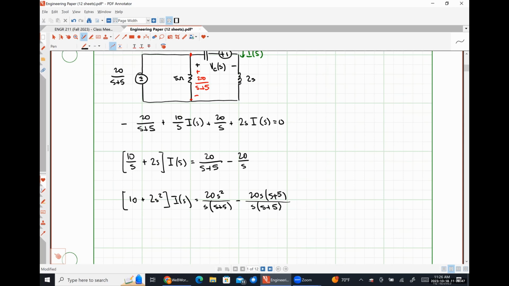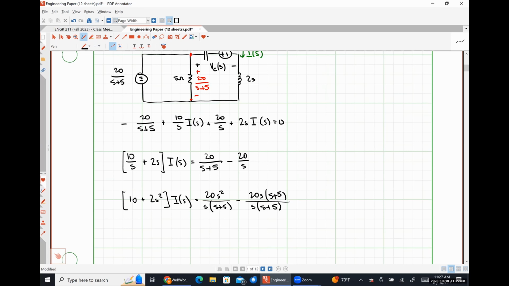So what I've done is I multiplied this fraction right here by S over S, and then this fraction right here by S plus 5 over S plus 5. And then I multiplied both sides of the equation by a factor of S to get rid of this one down here. So that's why I have an S squared here.